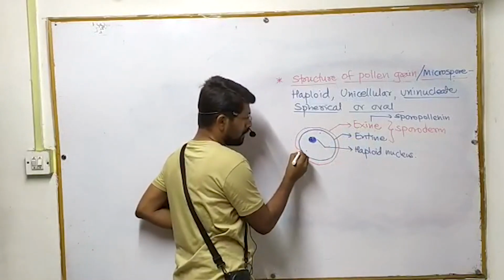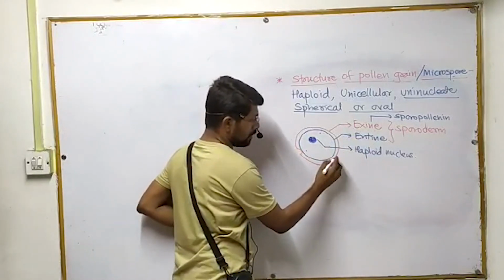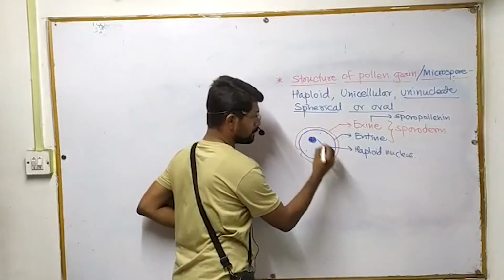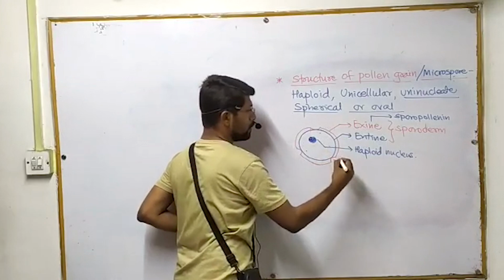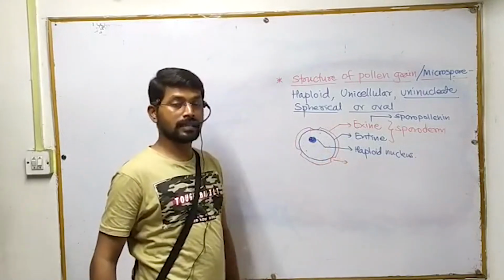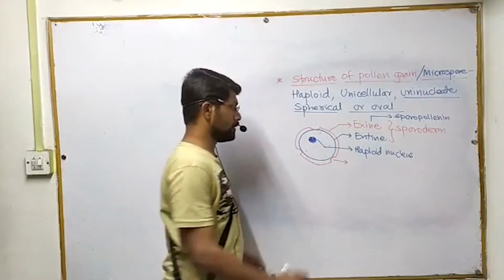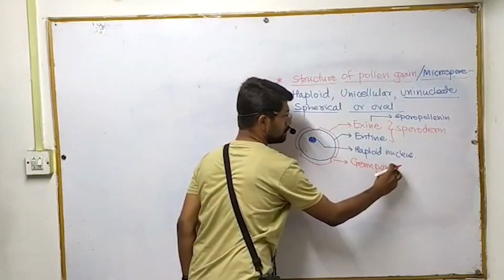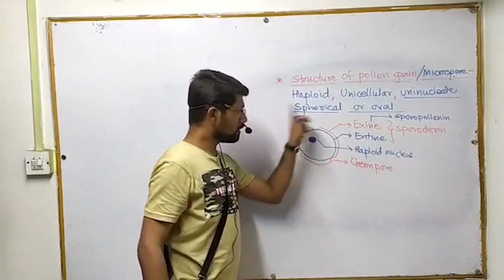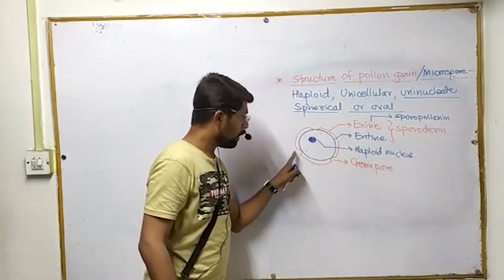This is the region of thin exine, or here exine is absent. This region of thin exine, or where exine is absent, is called germ pores. So in this pollen grain, how many germ pores do you observe? 1, 2 and 3.